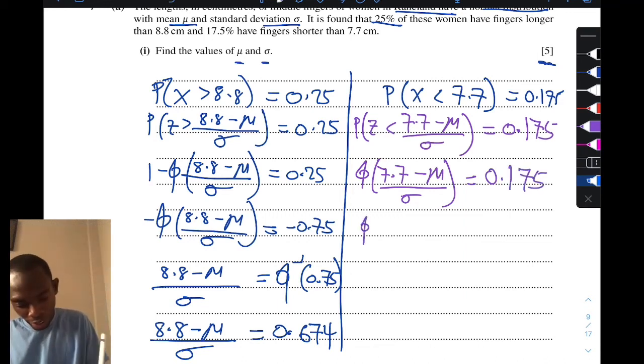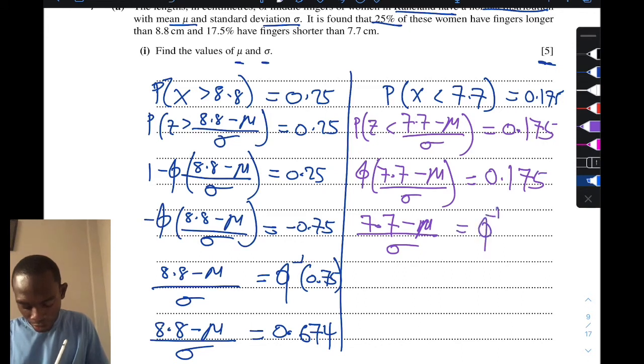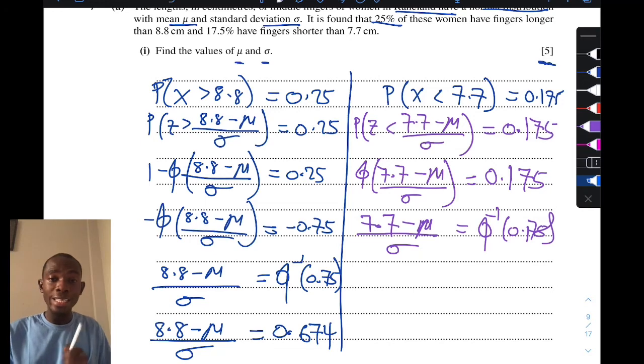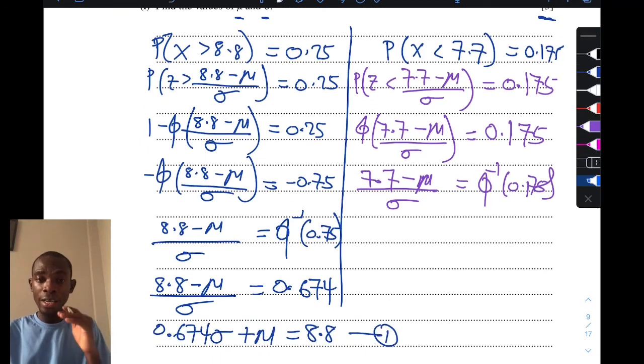Let's go and find the phi to the negative 1 of that side, or you can call it phi inverse, and that would give you, this value is not on the table, therefore negative phi to the negative 1 into bracket 1 minus the value over there.